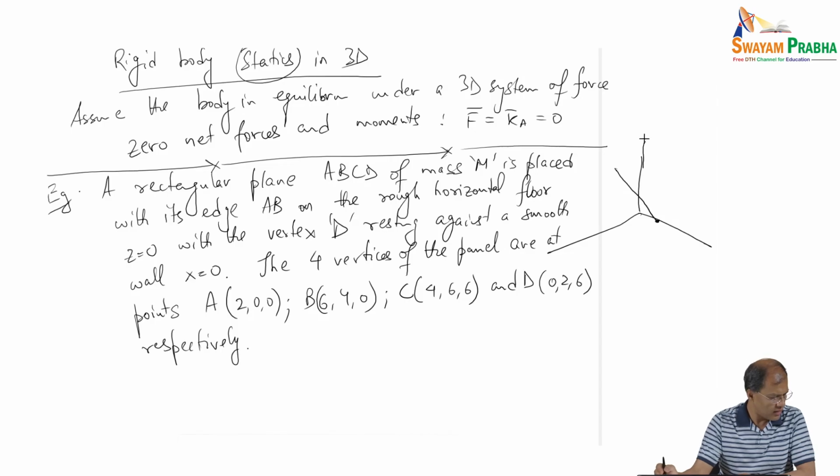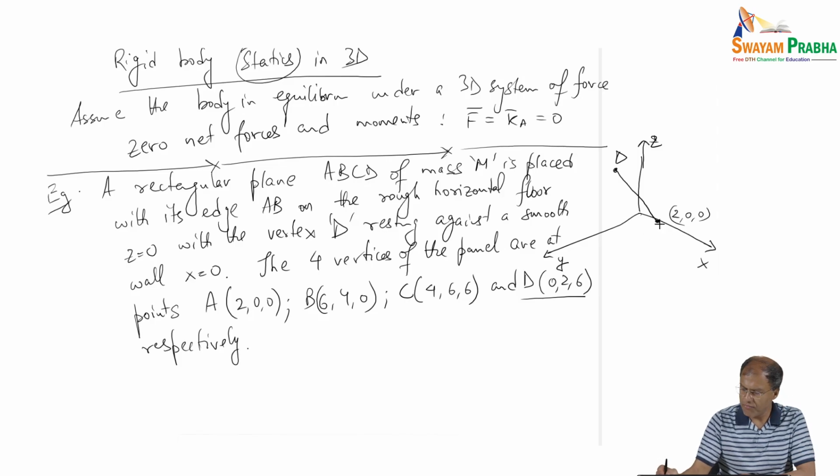So if we draw the diagram here, we have the x-axis, the y-axis, and the z-axis. The point D is resting along the plane. So here is D. And then A is (2, 0, 0), and A is this.